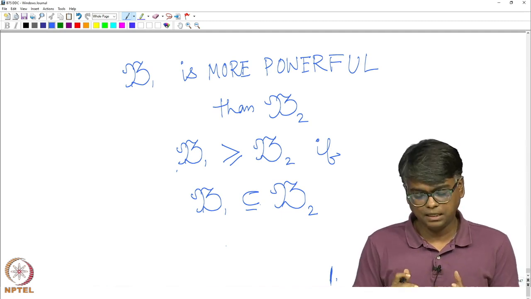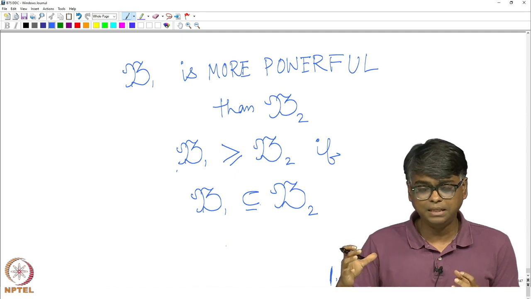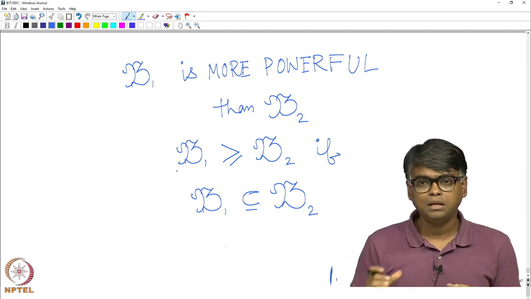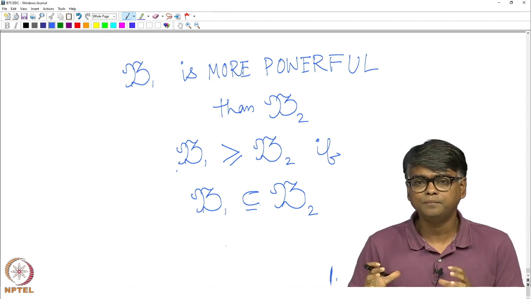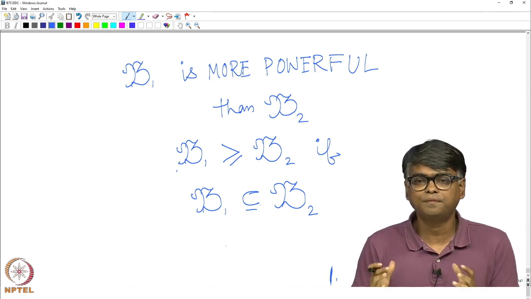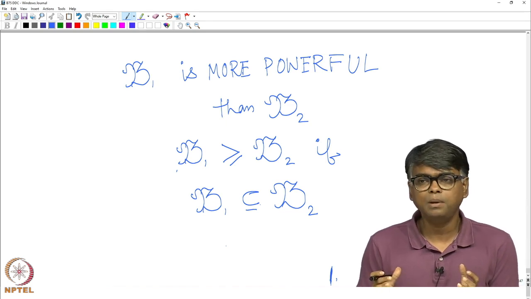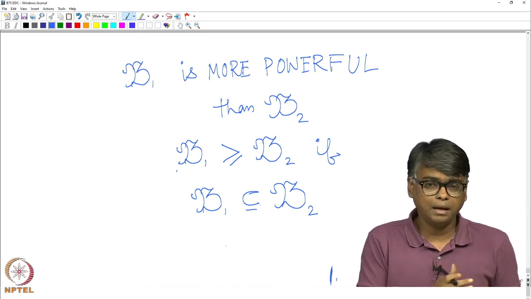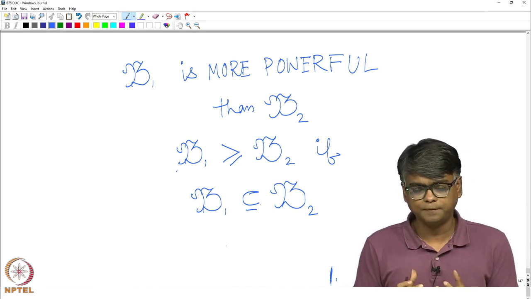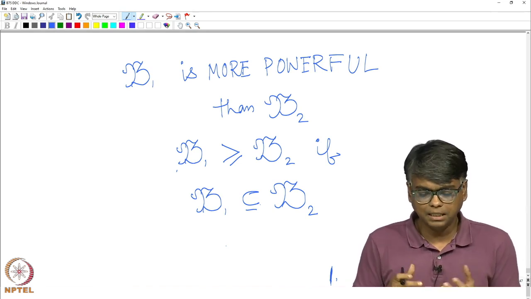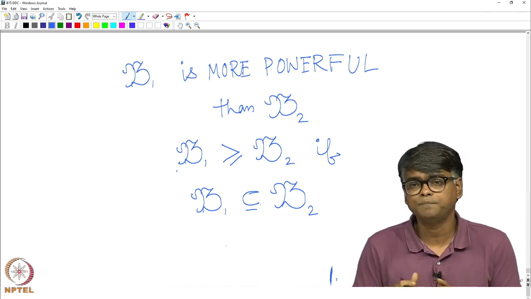When you have the data D and some B that explains the data, you may have too many extra things within the behavior, within the model. The model may be too big and it still explains the data. If there is a smaller behavior which still explains the data, it is better because it goes even closer to the data.